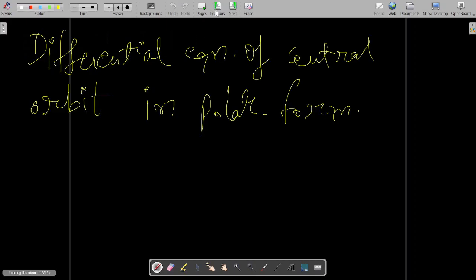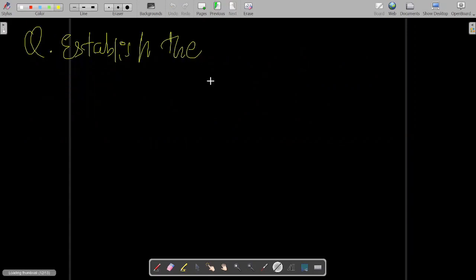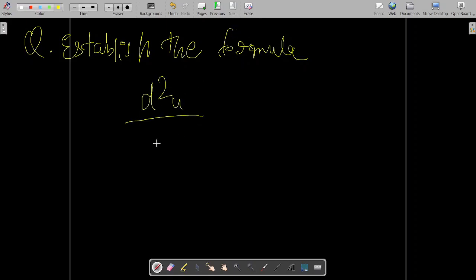Establish the formula d2u by d theta 2 plus u is equal to f divided by h square u square.